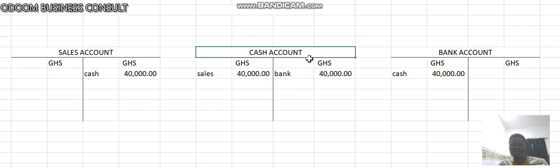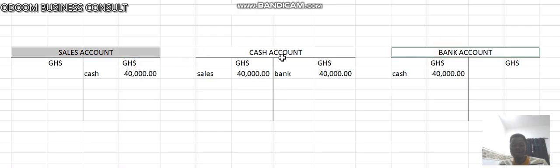So whenever you have cash sales banked, it's between the cash account, the bank account, and then the sales account. So bank account and sales account, because these are the two accounts that we have something in at the end of the day. But the cash account, which is in the middle, will be zero because, as I said, it serves as a conduit in this transaction. It just received the money and later gave it out. So it will turn out to be nil at the end of the day.